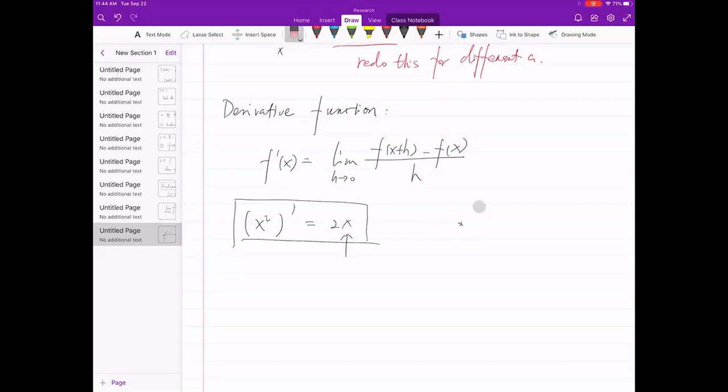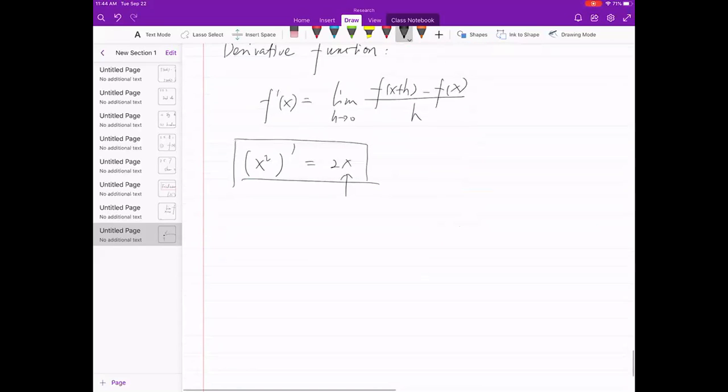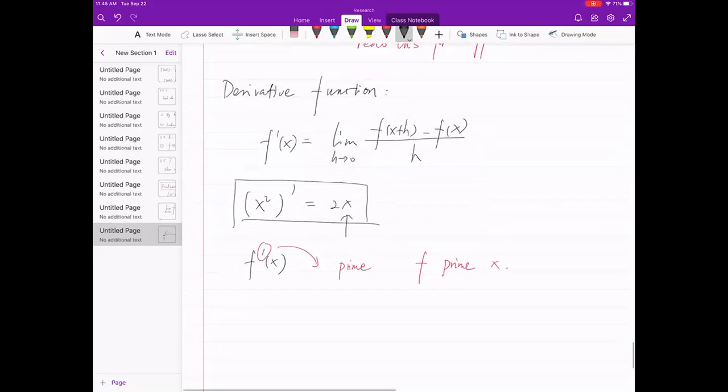Cool. Just to make sure that we get the right idea. This is actually a prime sign. So this is read as f prime x, which stands for the derivative function of a function. Okay. That's the first thing.